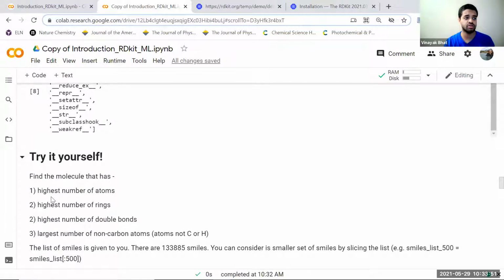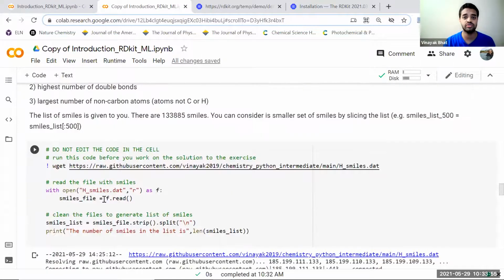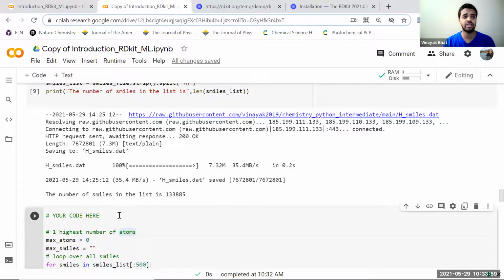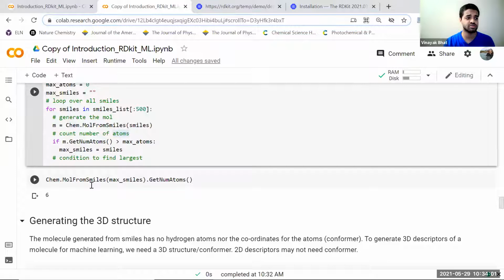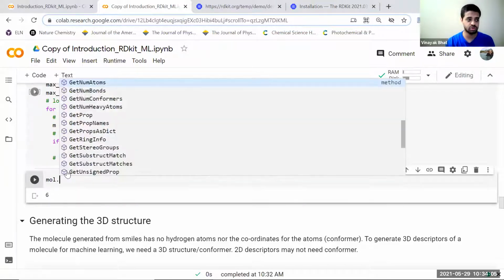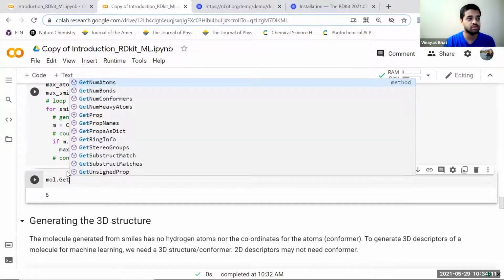But in the interest of time, is it possible to count hydrogens also? Yeah, there is GetExplicitHydrogens or something, so I think you can do that. Let me see. So mol dot, get the number of heavy atoms.